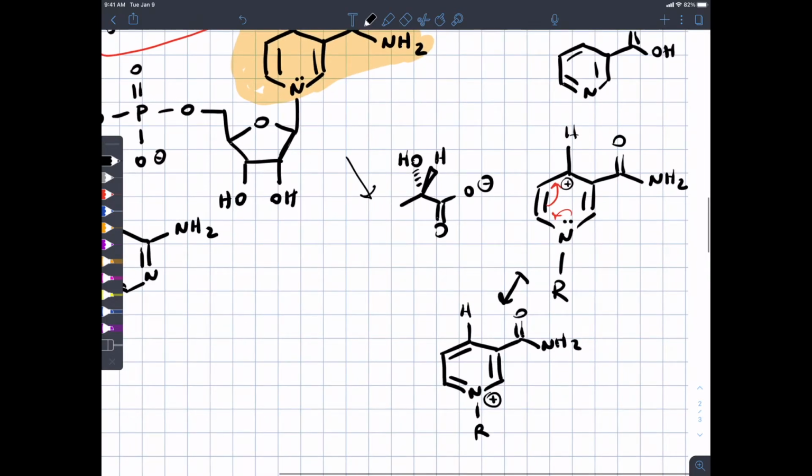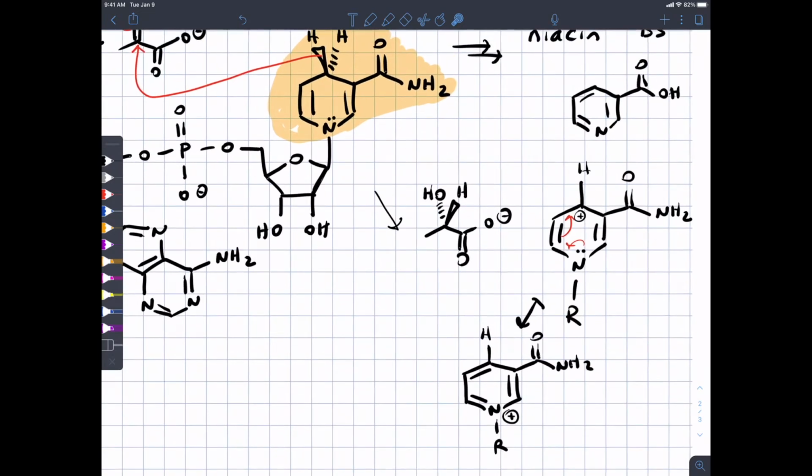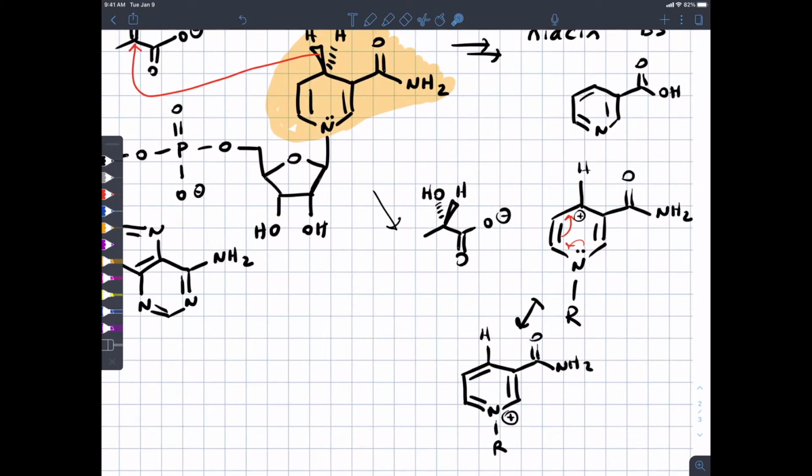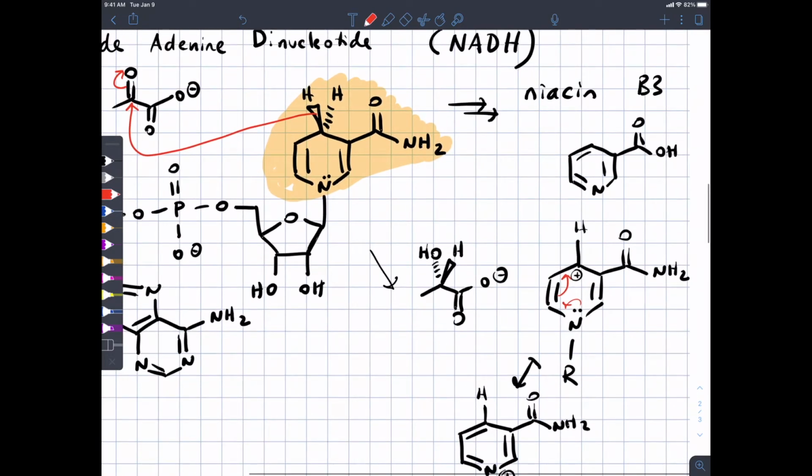And actually, this resonance structure here on the bottom is probably a better one because everything's got a full octet of electrons. And in fact, some people will actually draw the mechanism like this. They'll have these lone pairs kick down and this pi bond move over as the reason for why hydride can leave. Okay?